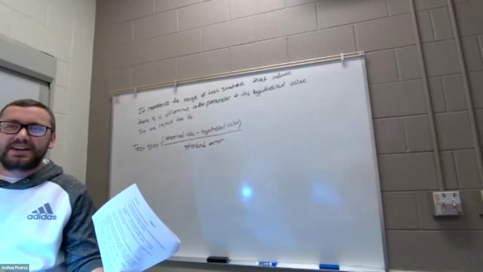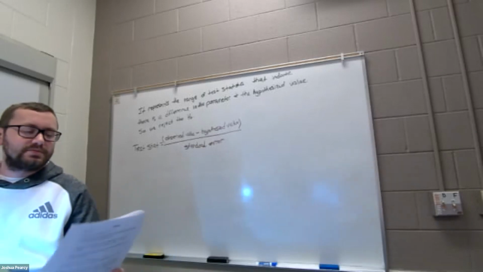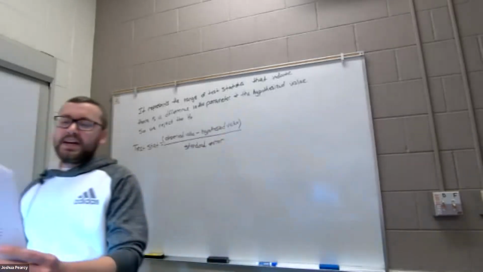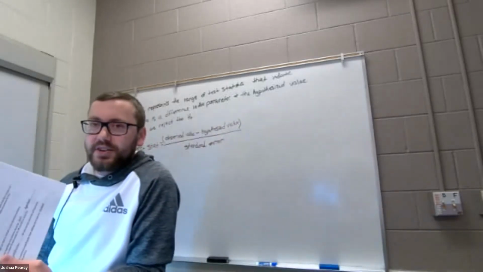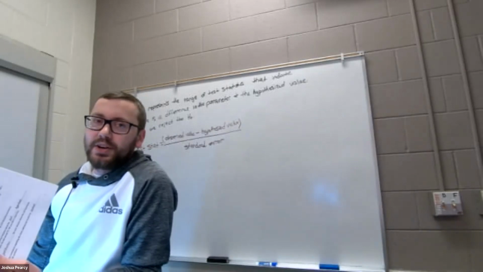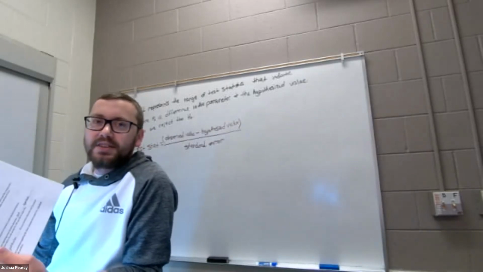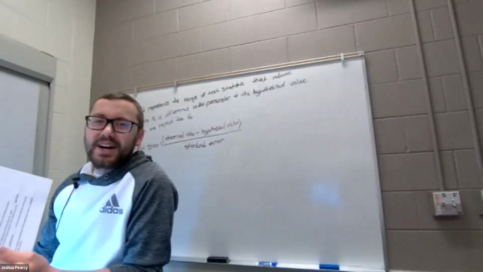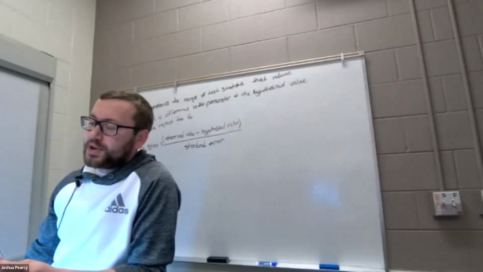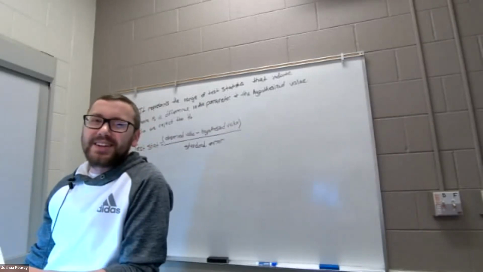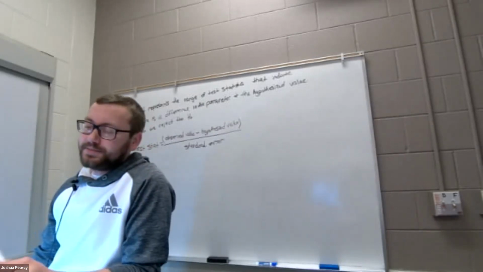We actually talked about that in chapter 7 as well. And then the expected value, which is the population parameter you would expect under the null hypothesis. Like I said earlier, you have mu is equal to mu naught. So that mu naught is what is known as the hypothesized value. And whenever we get to the population proportion, we'll talk about p naught, and that'll be the hypothesized proportion.